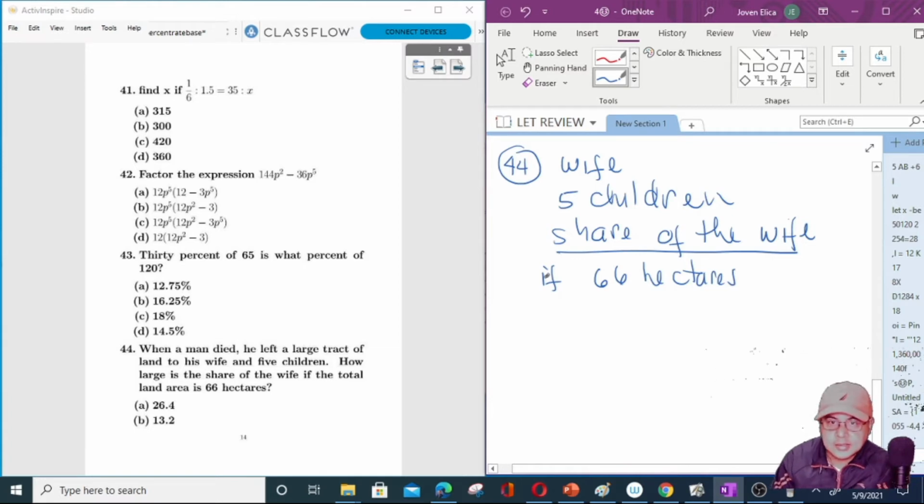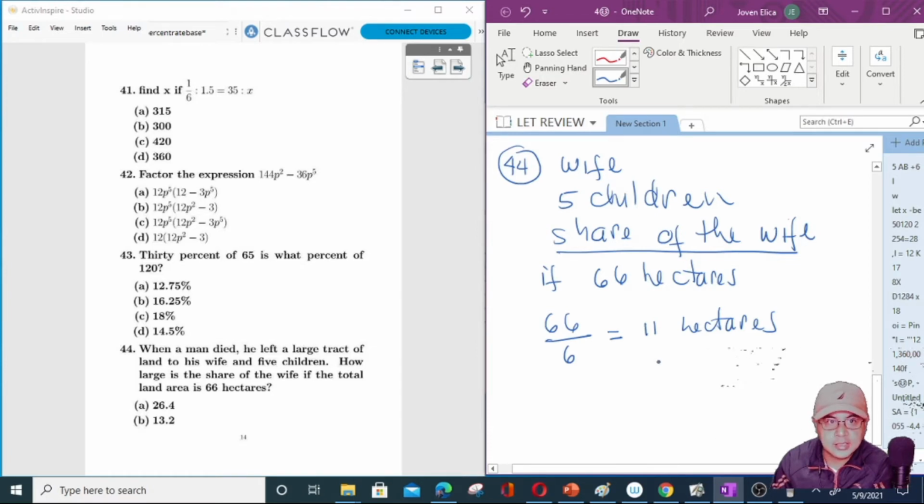So this is just a simple division. The total hectares divided by 5 plus the wife, so divided by 6, is equal to 11 hectares, which will be the share of the wife.